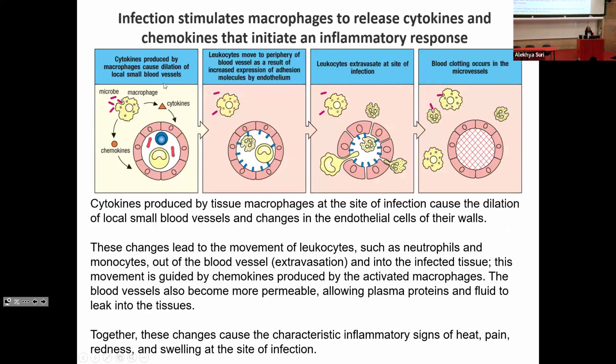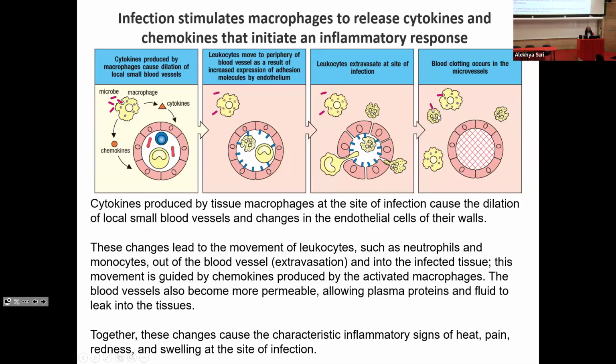So as I was saying earlier, it's an infected macrophage that releases the cytokines that then activate these endothelial cells that allow leukocytes to extravasate to the site of infection, and then there's often blood clotting in the microvessels.